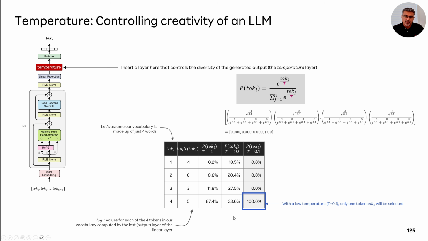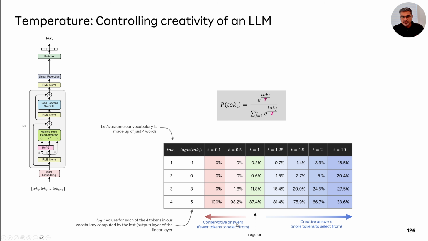Now, what this table tells you is that just by dividing the logit value by the temperature value, the higher the temperature, the more the distribution of probabilities goes towards other tokens. The lower the temperature, the distribution of probabilities goes to a fewer number of tokens, as you can see here. Without any temperature, the temperature is 1, which is the standard softmax formula. So it is this.